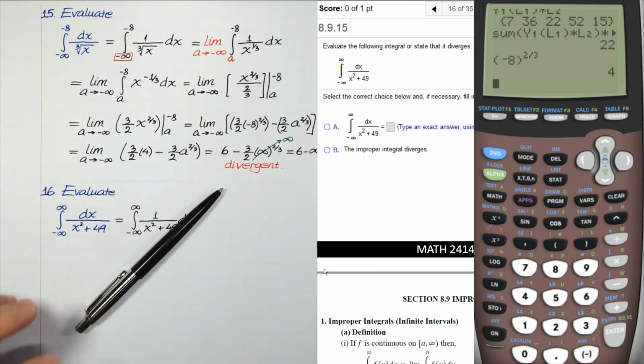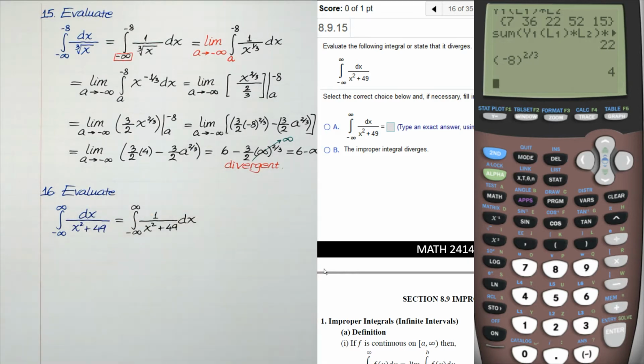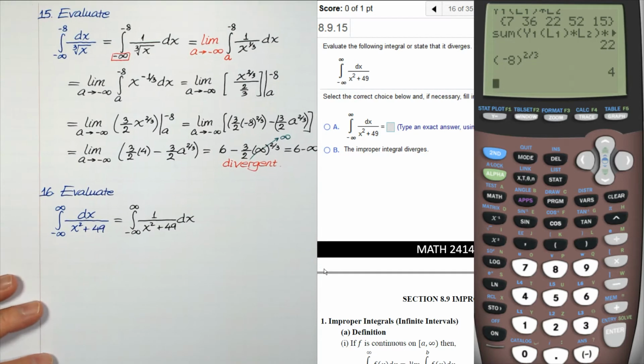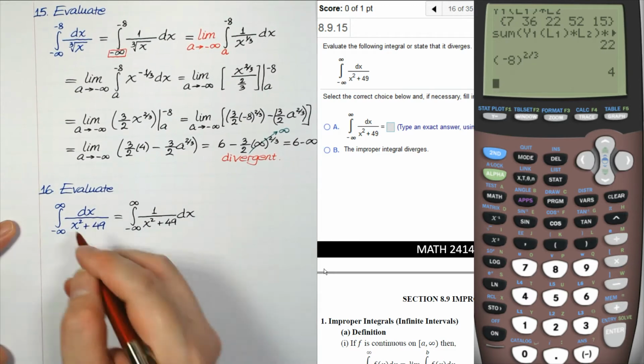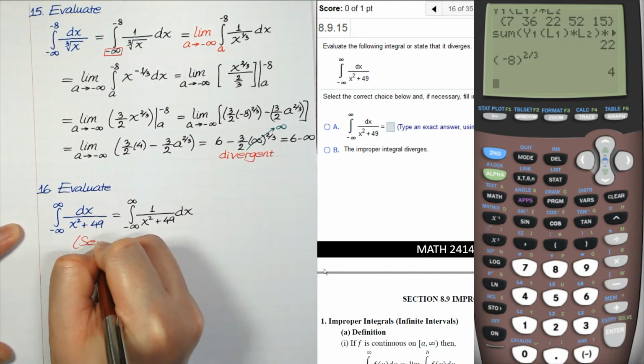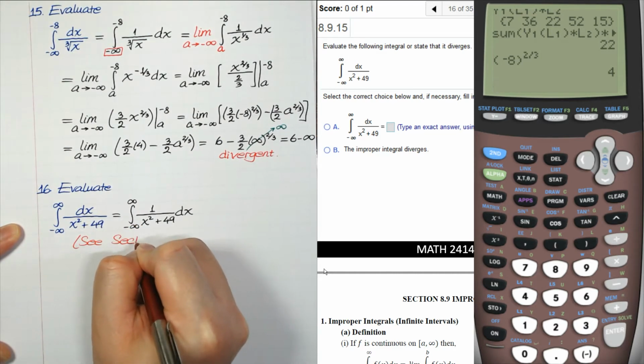By the way, this looks very similar to the problem we did in class. So I'm not going to do that. I will let you do it. Right. See section 8.9.